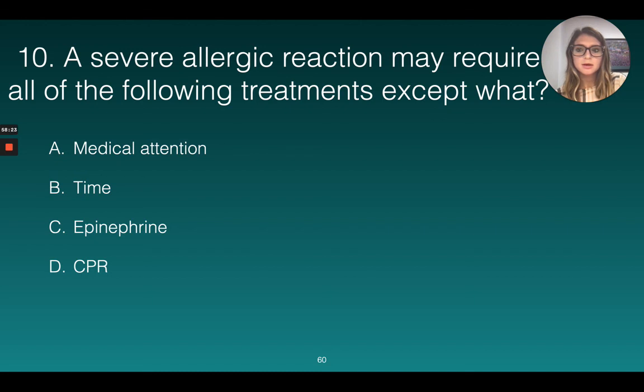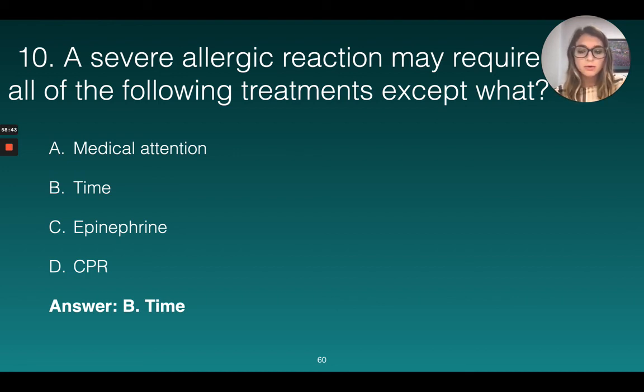And the answer is B, time. Time is one thing that you do not want to prolong. Because allergic reactions can occur so quickly, in less than 30 minutes, prolonging any type of treatment or attention can actually be fatal, especially if someone is having a severe allergic reaction.